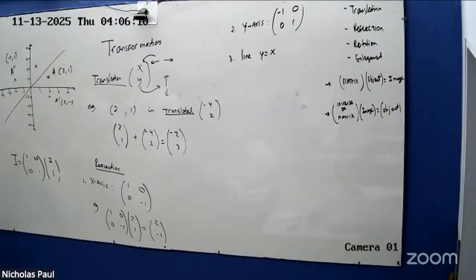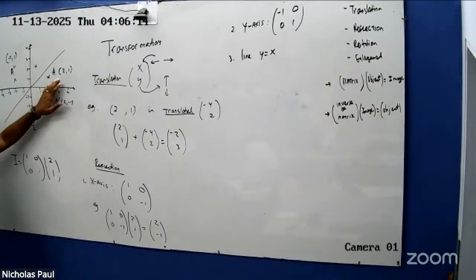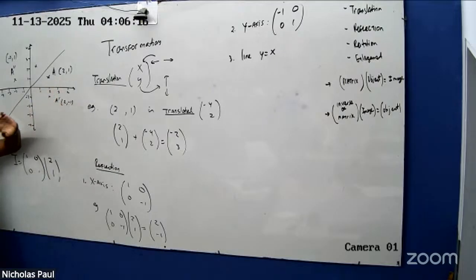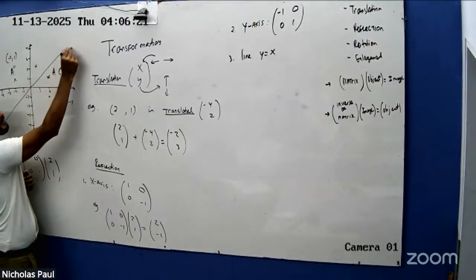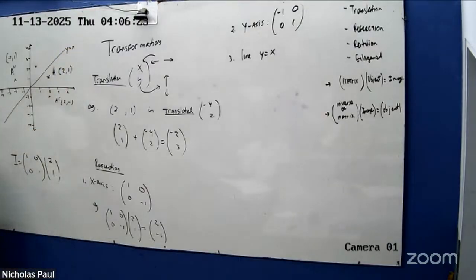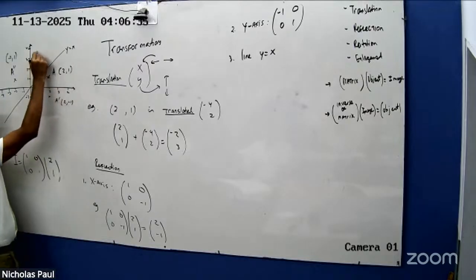Navia, you remember what has happened? If I reflect A in the line y equals x, what has happened? x and y just change places. So instead of 2, 1, it becomes 1, 2.